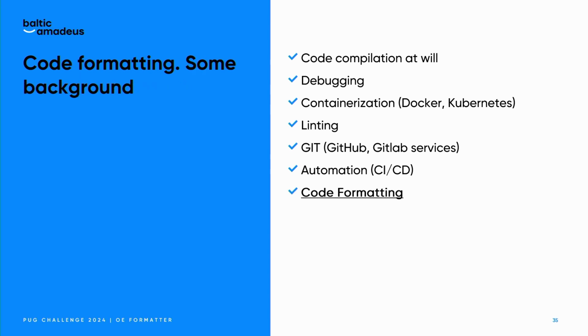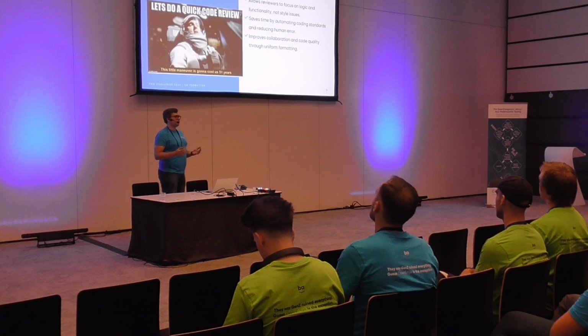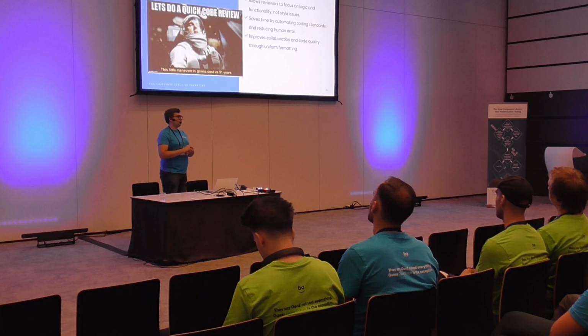And on this list, we also have code formatting. On most major programming languages, there are code formatters to help us. And why is code formatting needed? Mostly, it is important for code reviews, because if you want to maintain consistency in your project structure, you of course want to have code reviews where coding style and practices are enforced.